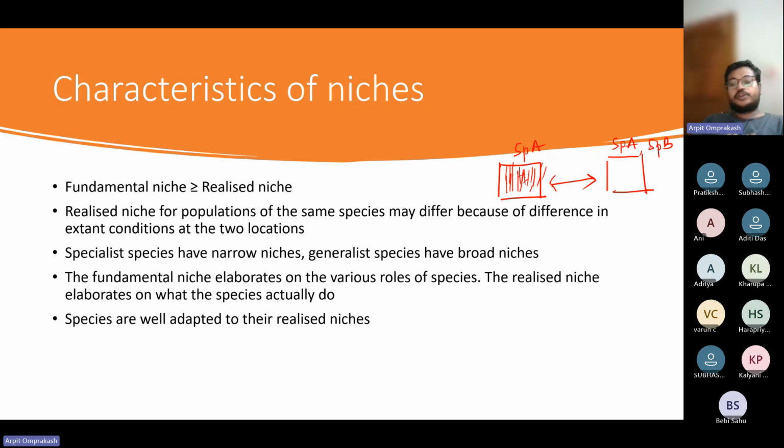So it can go into areas up to its thermal tolerance, its humidity tolerance, salinity tolerance, and things like that. Whereas in the second area, these are different environmental variables, let's say humidity and temperature.